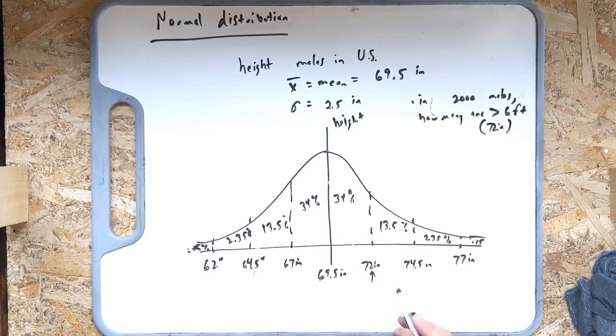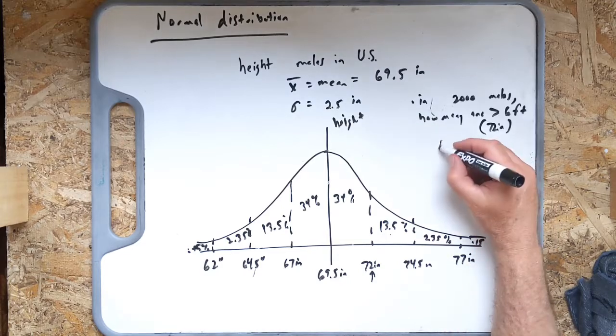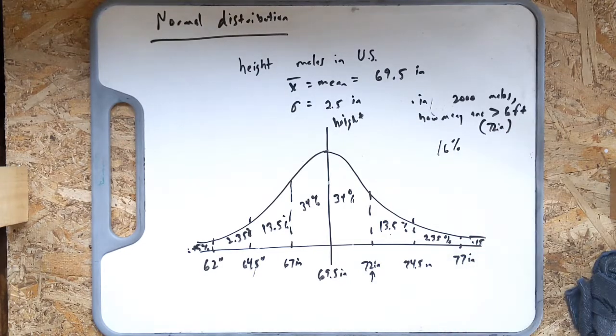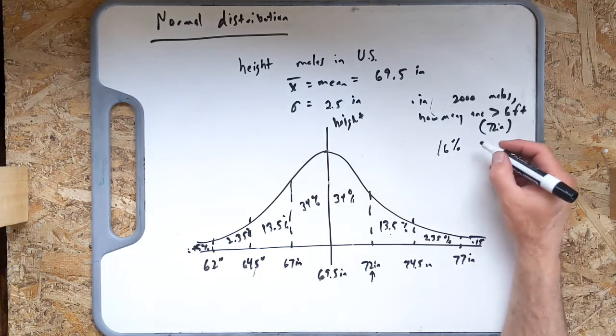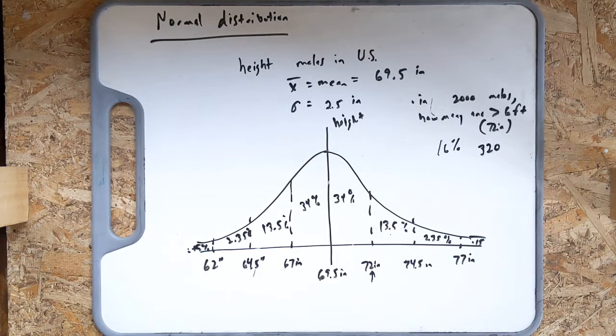It's right here. What percentage of the population is bigger than 6 feet? 13.5 plus 2.35 plus 0.15. Well, that's about 16. So that's 16% of the population. 16% of the 2,000 males should be bigger than 72. 16% times 2,000 is 320. So that's how many you expect to be taller than 6 feet.